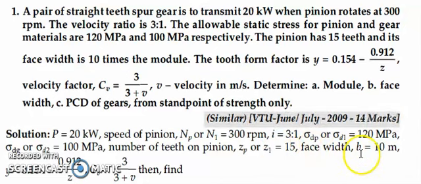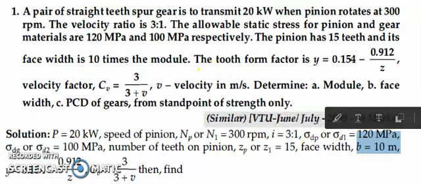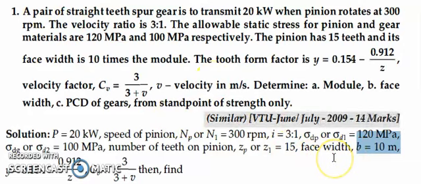Then face width, b is equal to 10 module. It is not in meters or any unit, because in the question they already included that the face width is 10 times the module. What is the value of module? 1 into 10. That is the value of face width. And y is the tooth form factor, and CV is the velocity factor.